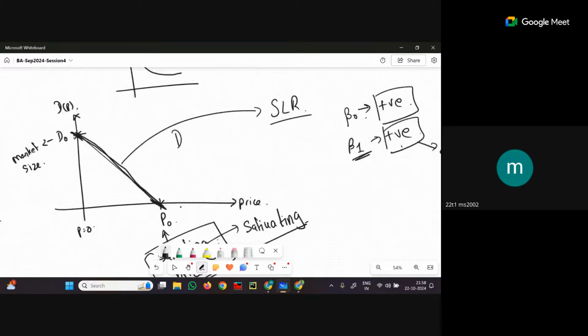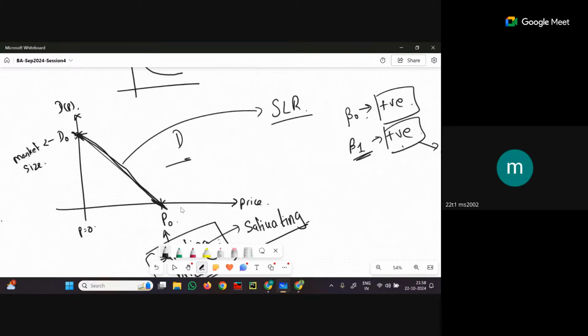And this is a negative sloping curve, so the epsilon should just be beta 1 into p by d naught minus beta 1 into p. Okay? Everyone clear? Oh, yes, sir.